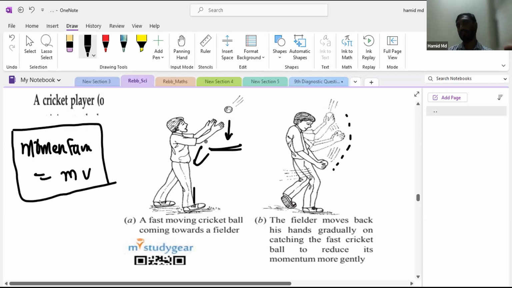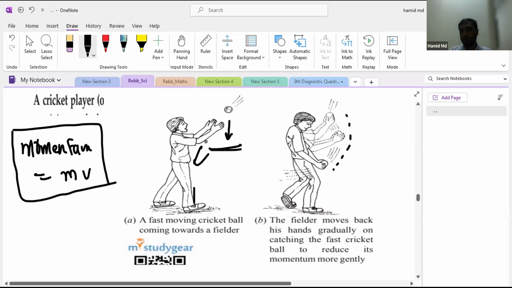Have you seen this situation? Yes, sir, because he is not giving the right momentum. If he is pushing his hand back, that means he is giving it the right way of catching.